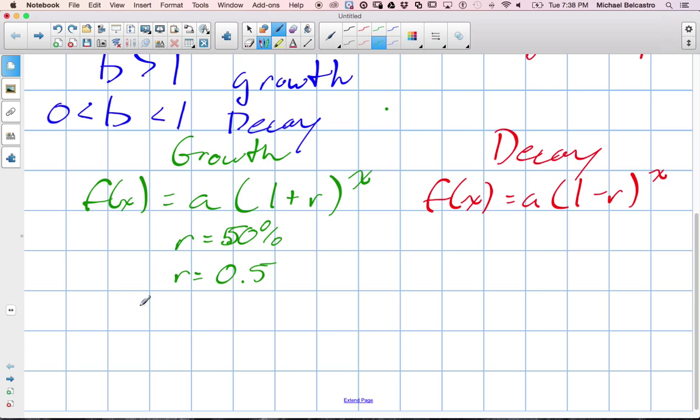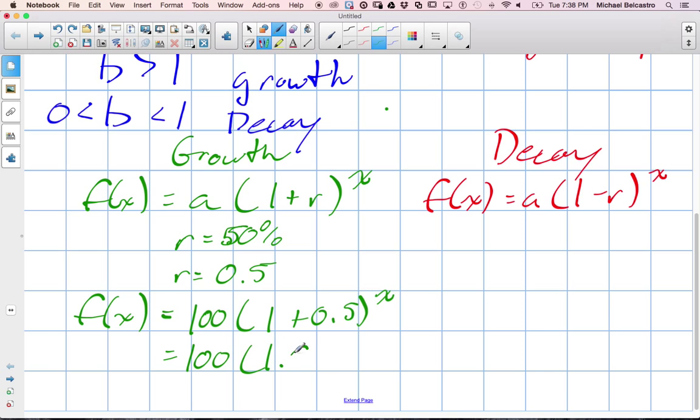So when we go to plug this in, our new formula is f of x equals, and let's say we start with 100 of something. So we have 100 times (1 plus 0.5) to the power of x. When we simplify that, we get 100 times 1.5 to the x. So 1.5 is greater than 1, which makes sense. It's a growth model. It's going up 50%.